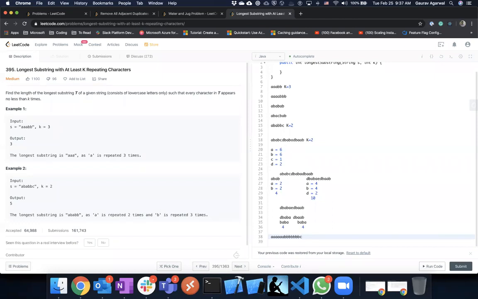So in this case, we will just have a left subtree, right? And then again, let's assume we come up with something like this. I'm just taking an example.